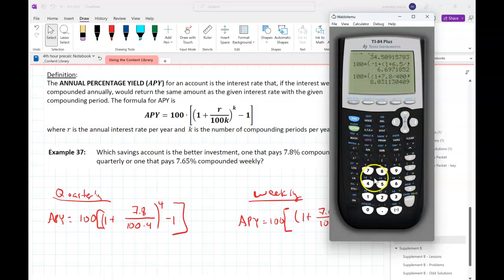So that first one is 8.03. That's the equivalent yearly interest rate for the same situation. And the other one is 7.94.